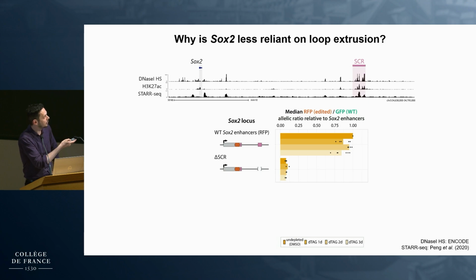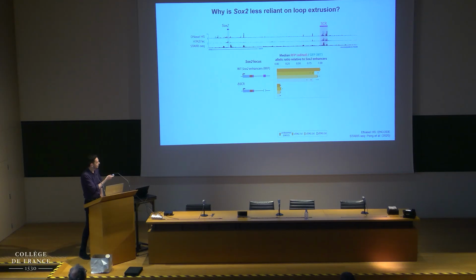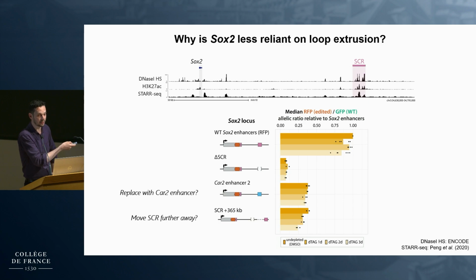SOX2, as I explained earlier, if you deplete NBL, is not very sensitive to the loss of cohesin loop extrusion. If you delete the distal enhancer altogether, SOX2 expression crashes completely, as expected. But when we switch the strong SOX2 enhancer for the CAR2 enhancer, which is weaker, again, the SOX2 locus remained entirely insensitive to the loss of extrusion. Again, telling us that there's something in the SOX2 locus that is not the enhancer that drives the resilience of the locus.